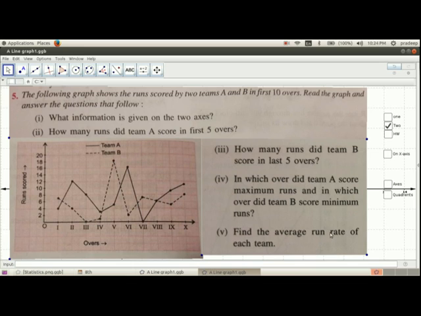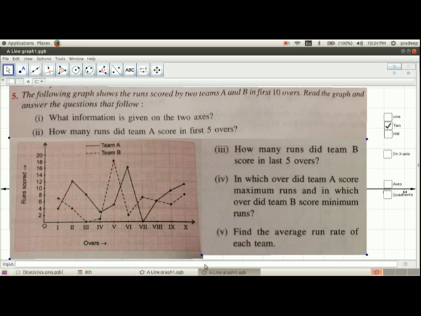Then last question, find the average run rate of each team. For finding the answer of this average run rate of a team, we have to find out the sum of all the runs taken in all the overs. Consider the performance of one team, and find the sum of all the runs taken by team A in all the overs.